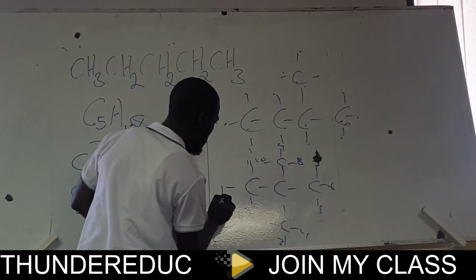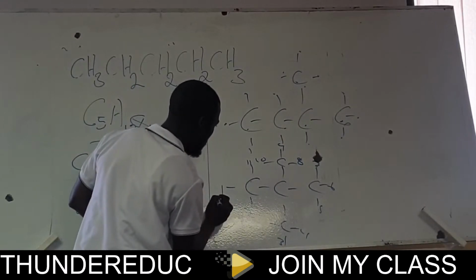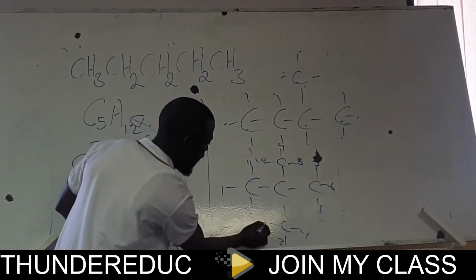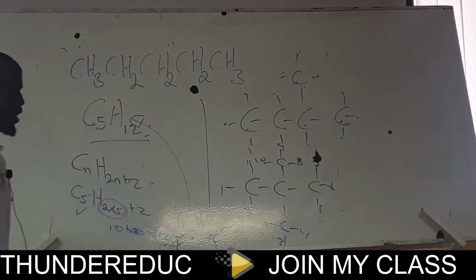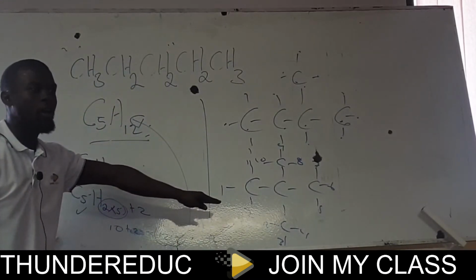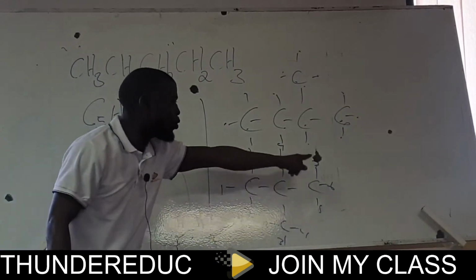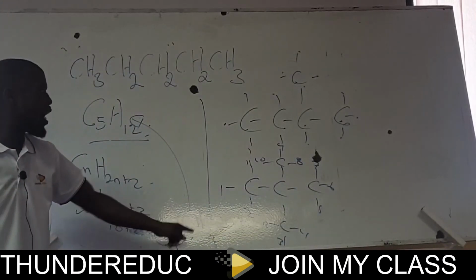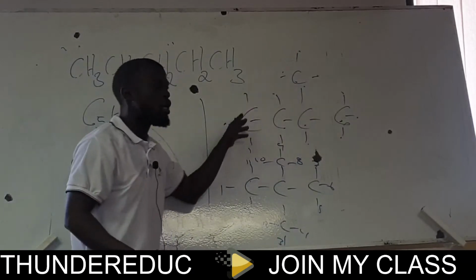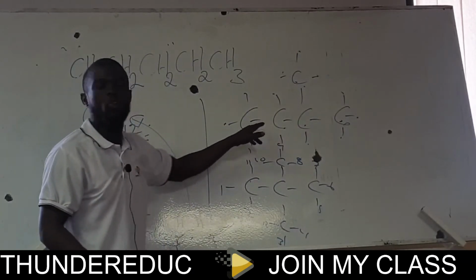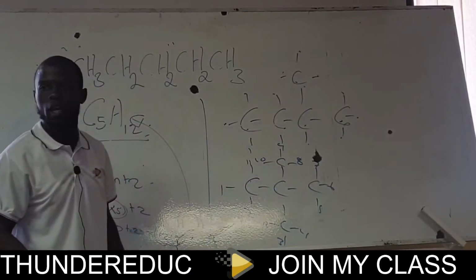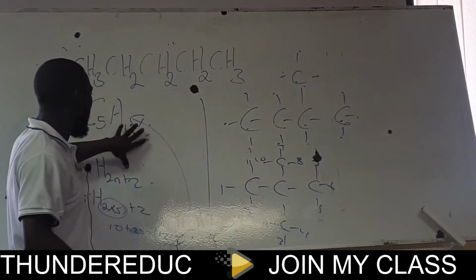What is missing? Where is it? Yeah, here. 12. I skipped it. So there are 12. You don't count the bonds. We are counting only where hydrogen goes. I'm only counting where hydrogen goes, because the hydrogen can't go here. It's already carbon.